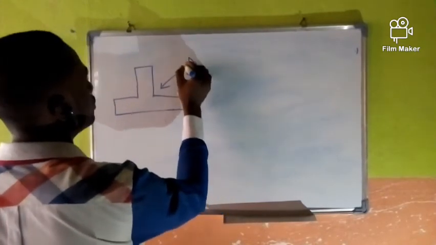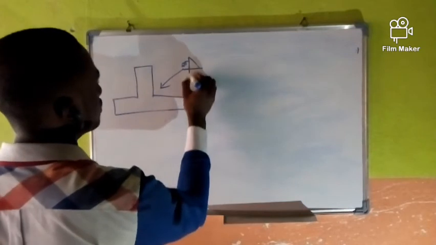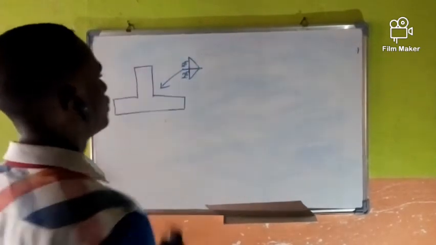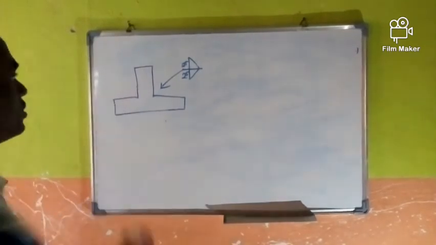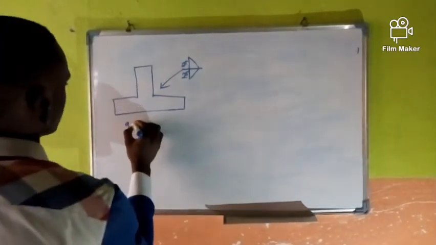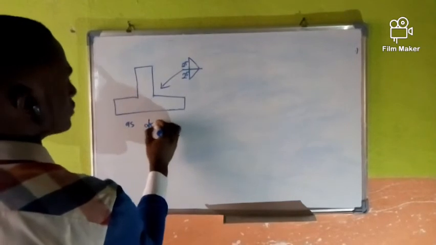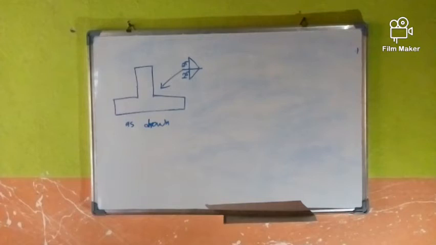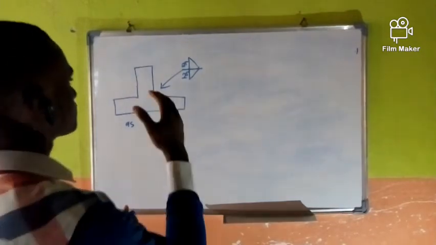Then we have 25 here. We also have something like this, and we have 25. So what does this mean? This is as drawn. Let's see if we can carry out an activity here. Okay, so this is it.